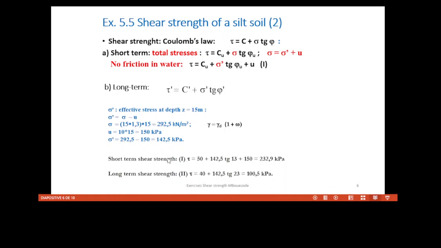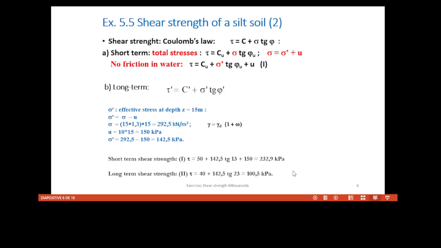So for the short-term shear strength, the result will be 15, that is Cu, plus sigma dash, that is this one, multiplying tangent 30 degrees, plus the pore pressure, 150 kPa.